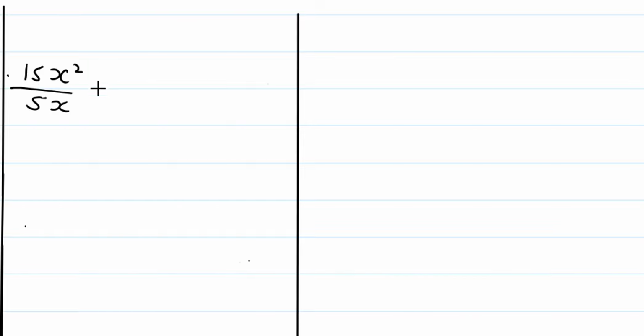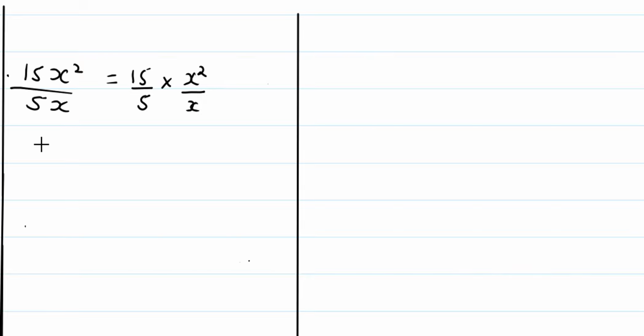So first we separate them, and I can write it like this: 15 divided by 5, just picking the coefficients, and then I multiply by x squared, which is the variable in the numerator, divided by this x, which is the variable in the denominator.